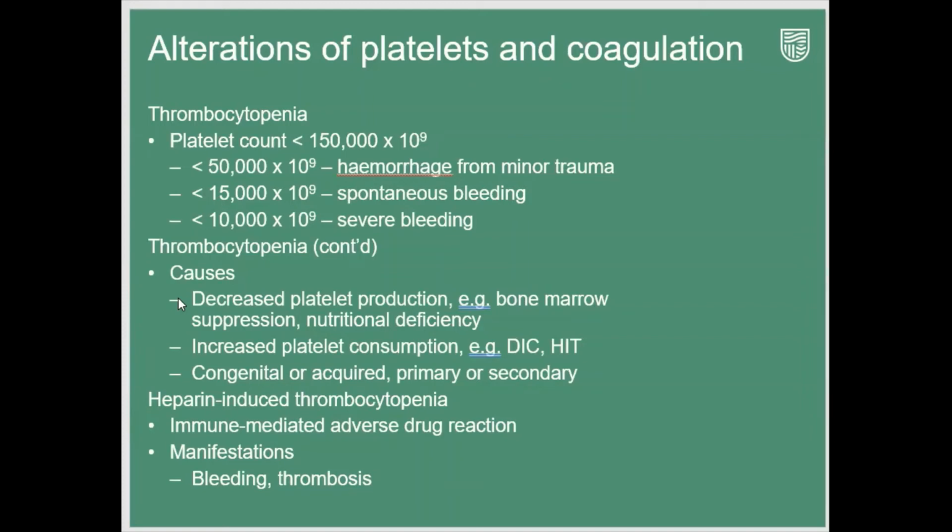Production of platelets can be normal, but excessive pooling in the spleen might occur. And so this takes 30 to 40% of the platelets before they're even released in circulation. Reduced platelet survival is caused by a variety of mechanisms.